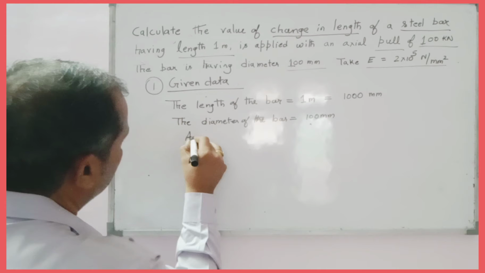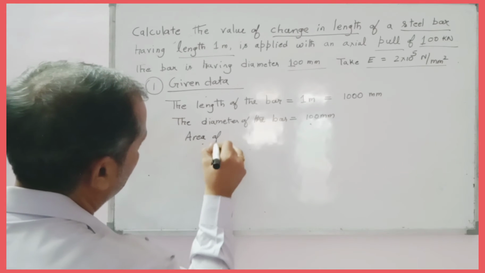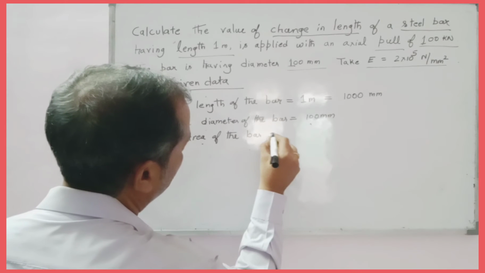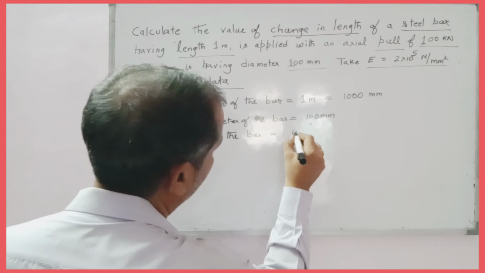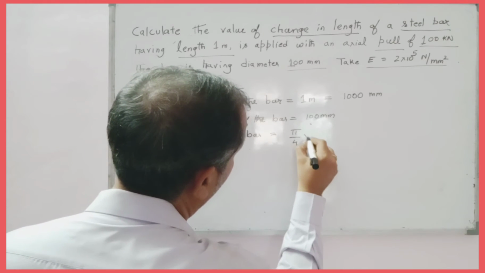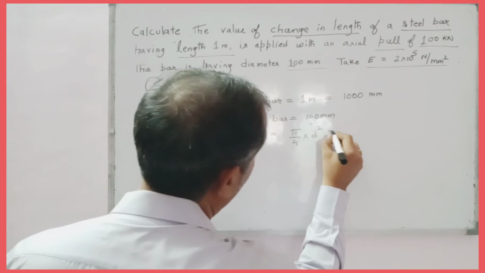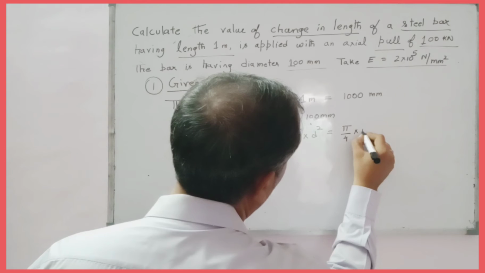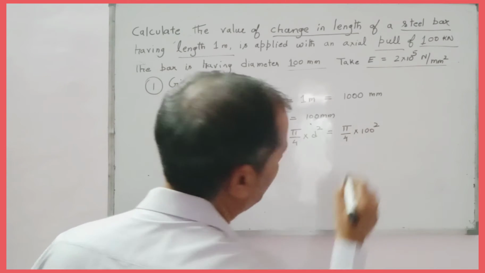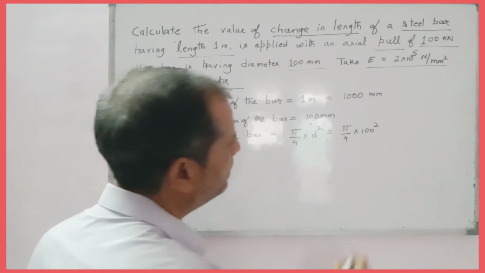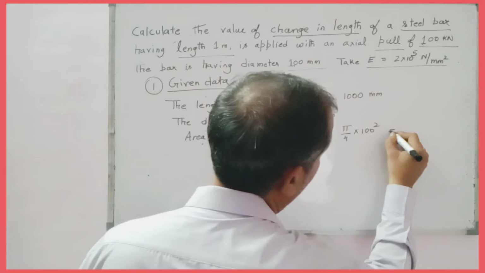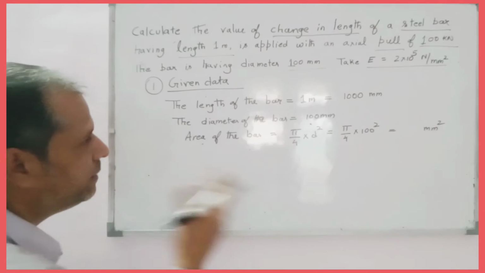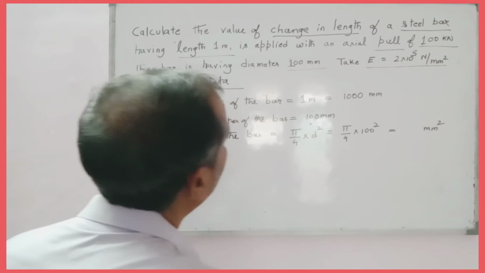The area of the bar will be equal to pi by 4 into diameter square, that is pi by 4 into 100. Diameter of the bar is given 100 mm. It will give us area in mm square. So I am not calculating the area.